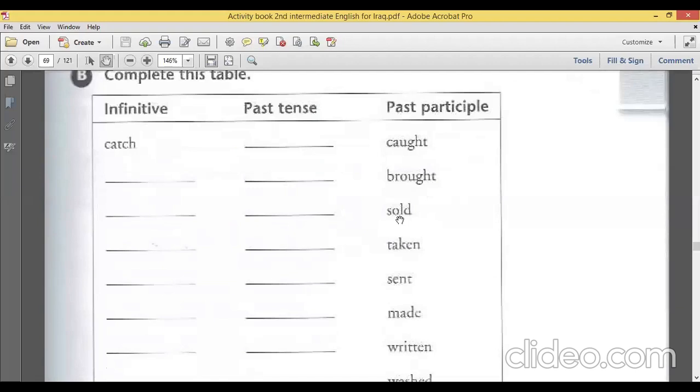So we said that the past tense of the verb catch becomes caught, the same as the past participle of the verb. So brought, what is the original form of the past participle brought? It is brought. What is the original verb of brought?